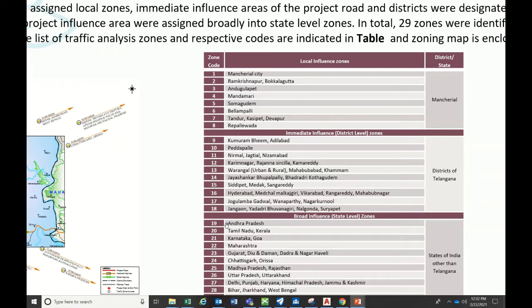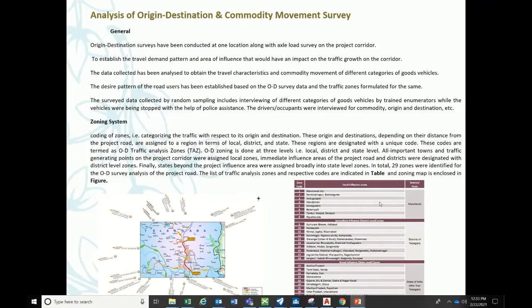The nearby states get the first numbers, and the other states, like these northeast states, may get the last number, 29. That's it. First you have to prepare the zoning, and then you have to prepare an Excel sheet.